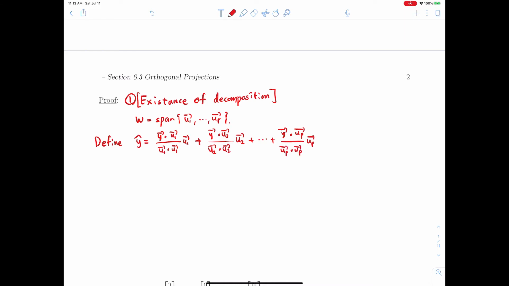Then you can tell that this is a linear combination of u1 through up, so this is an element of W. Now, let's let z equal y minus y hat. Then we know that the set u1 through up is an orthogonal set.